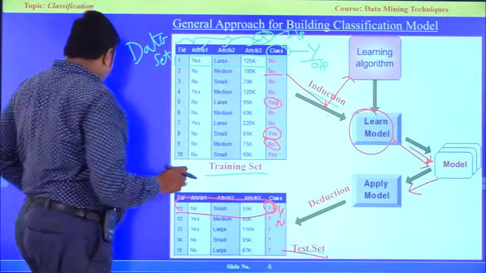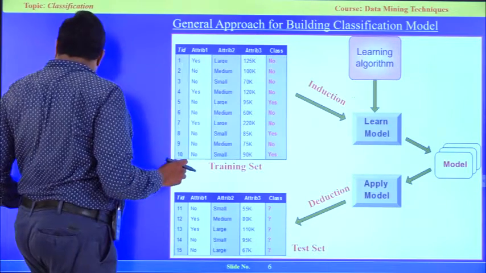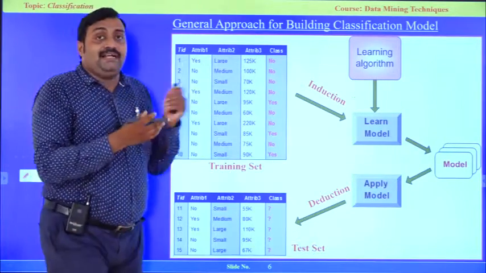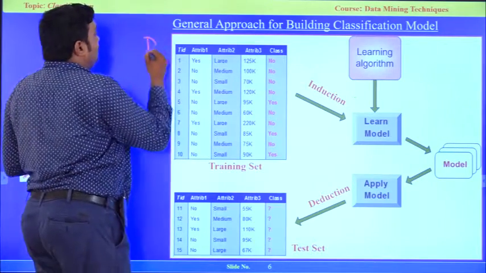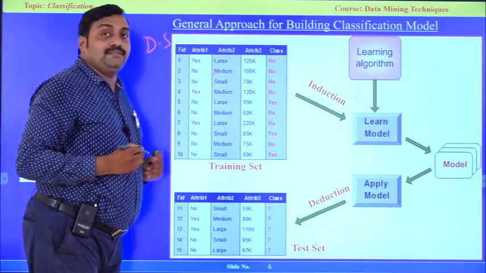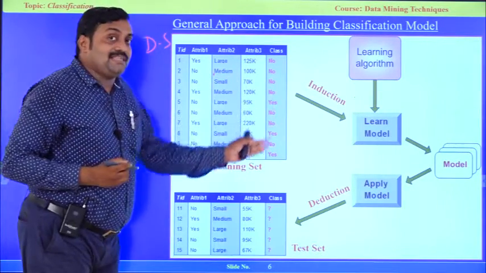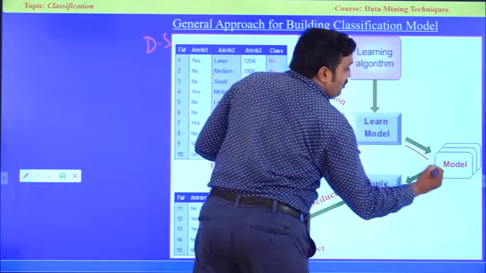So what we are going to do here is take the total data set and split it into two sets, training set and test set. With the help of the training set, we learn the model and design a model.